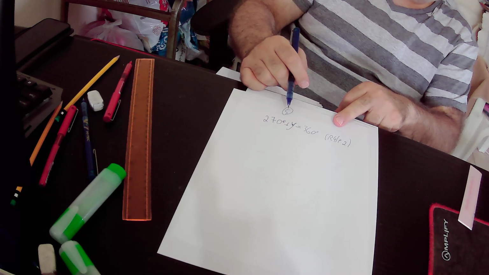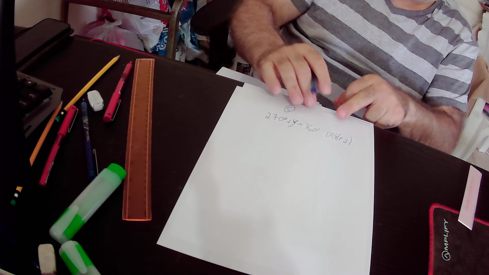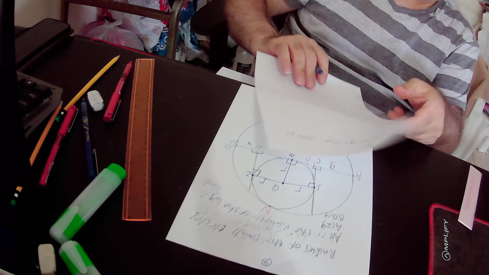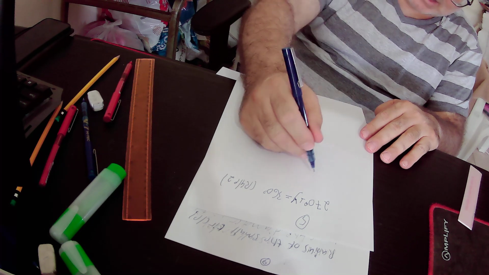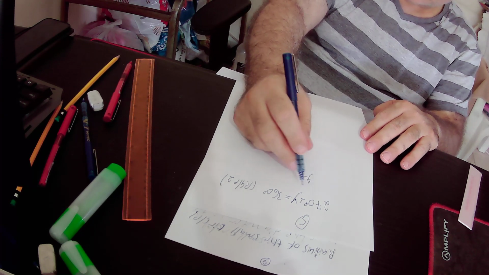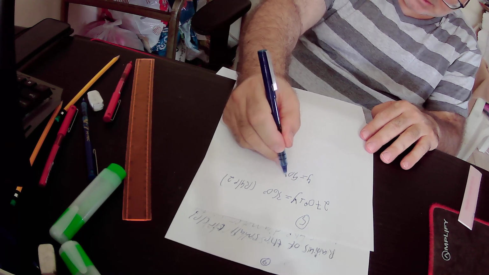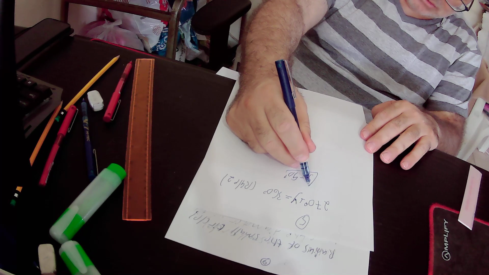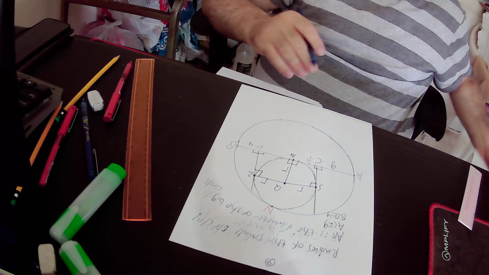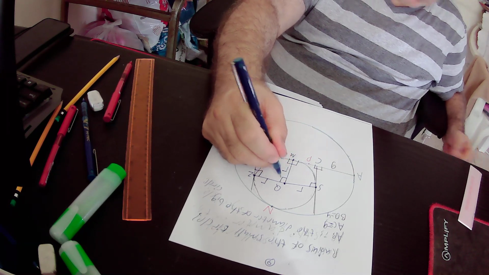So here we will subtract 270 degrees from this equality, and we will get that the size of the 4th angle, that is y, must be equal to 360 degrees minus 270 degrees, that is 90 degrees. Okay, so we found out that the size of the 4th angle, that is this angle, must be a right angle.